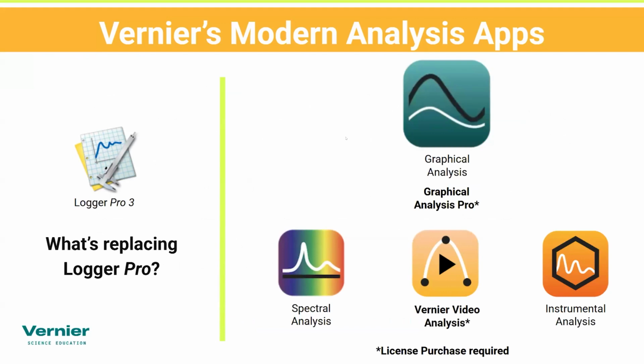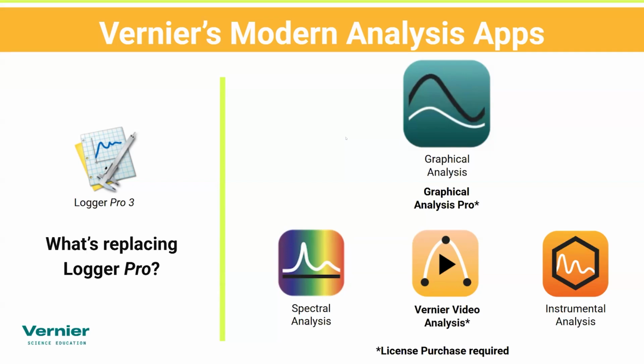The functionality of Logger Pro has been split into 4 separate applications. The reason we did that was because we found that Logger Pro was hard to maintain, being the kitchen sink of everything. It's really nice. It's one application you go to. But for us to maintain that, if something needed to change with spectrometers, we'd say, well, we can't do that because there's just too much cruft to carry along.